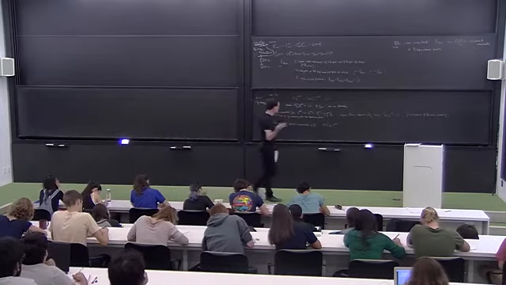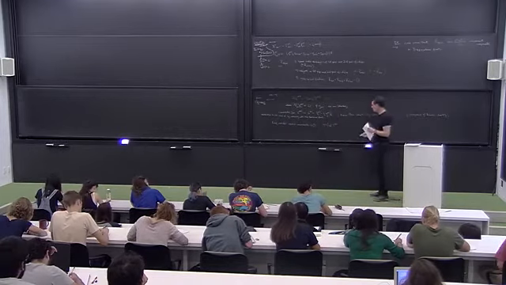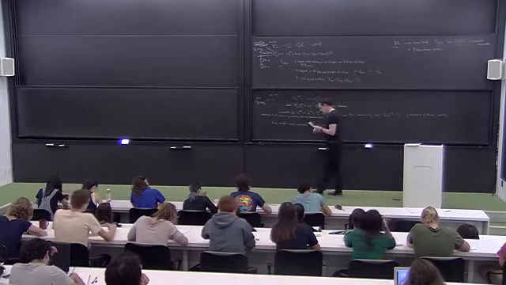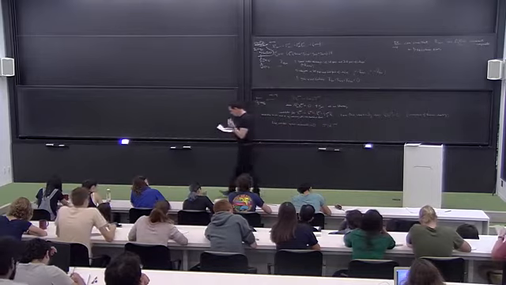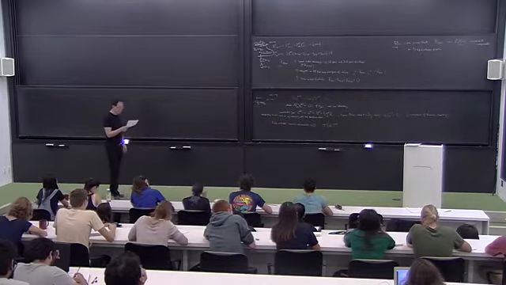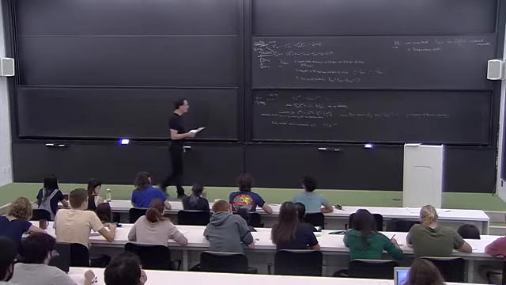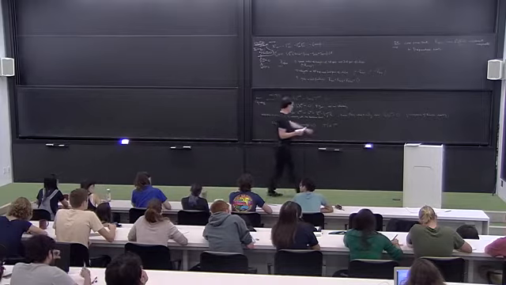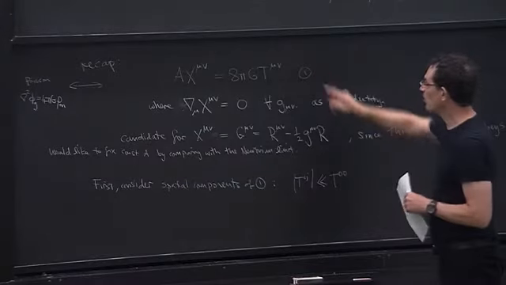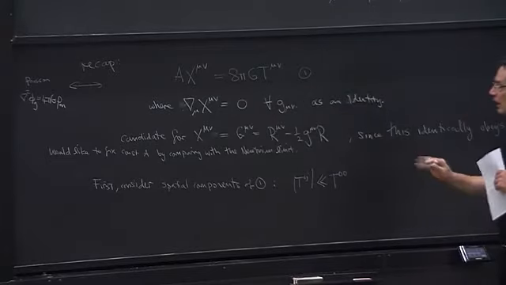So this is the same as assuming the velocity of the particles is much less than the speed of light. But that's the assumption in the Newtonian limit. It's very valid for the Earth or for the Sun. The spatial stresses are much smaller than the energy density.